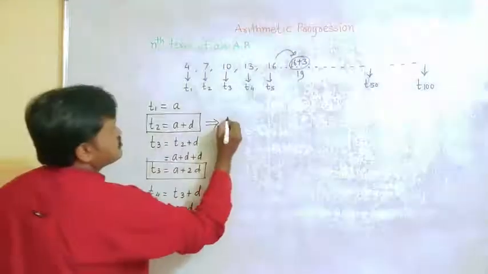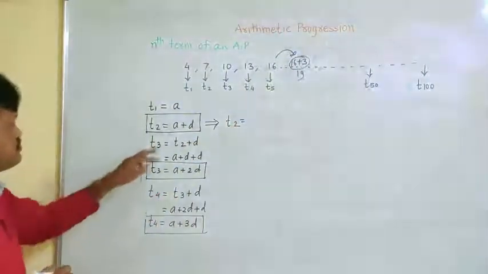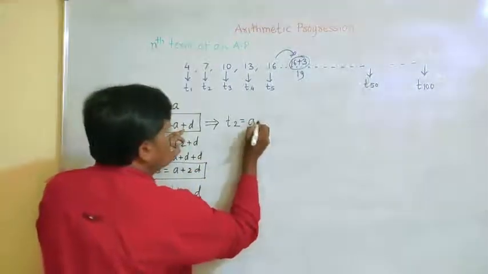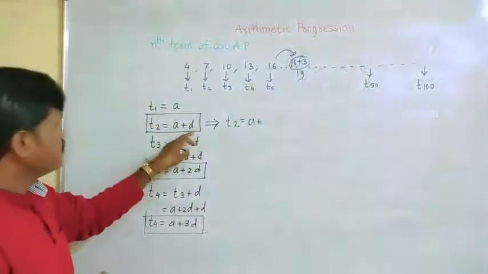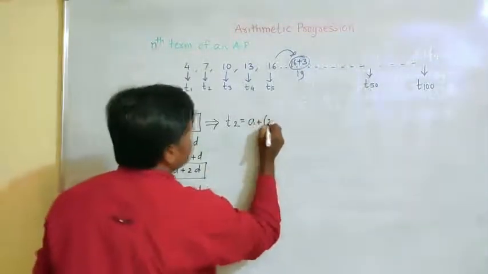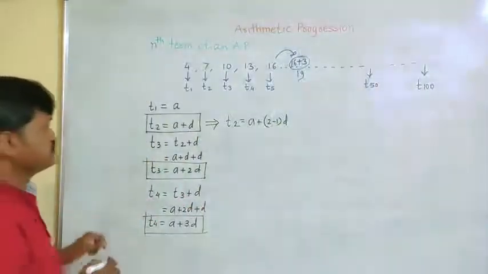T2 is equal to a plus d, but for that d I write 1d, so I write 2 minus 1 d.